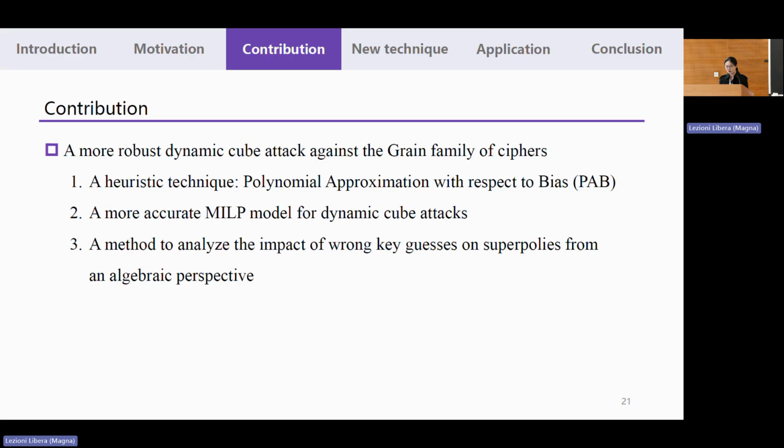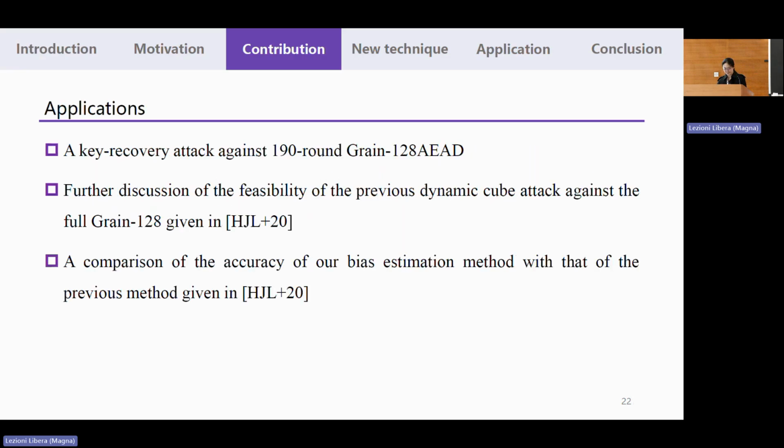Second, we proposed a more accurate MILP modeling method based on the three-subset division property without unknown subset, which takes the structural characteristics of the Grain family into consideration. Third, we proposed a method to analyze the impact of wrong key guesses on superpolies from an algebraic perspective. This method aims to identify all possible wrong key guesses that are at least distinguishable from the correct key guess.